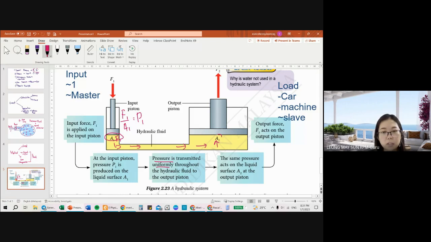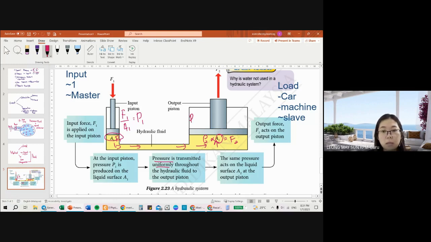So when the cross-sectional area 2 is applied with a pressure, that is where force is produced. This pressure at 2, P2 multiplied by the cross-sectional area A2, will become F2. F2 is usually the load. It will cause the output piston to move up.